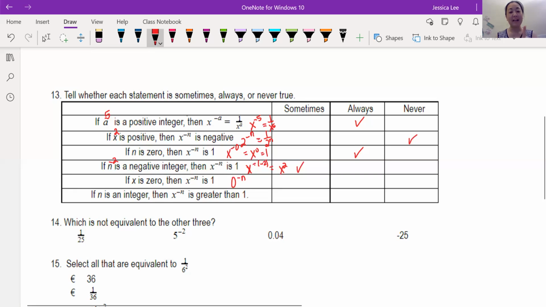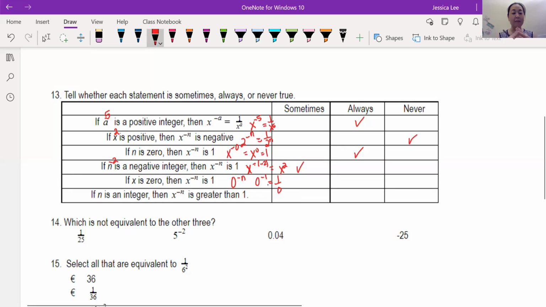You could probably look it up. But what if n was 2 or n is 1? Let's think about this one. If n is 1, that's going to be 0 to the negative 1 power. Remember that negative 1 means that the 0 goes to the bottom. So that's going to be 1 over 0.